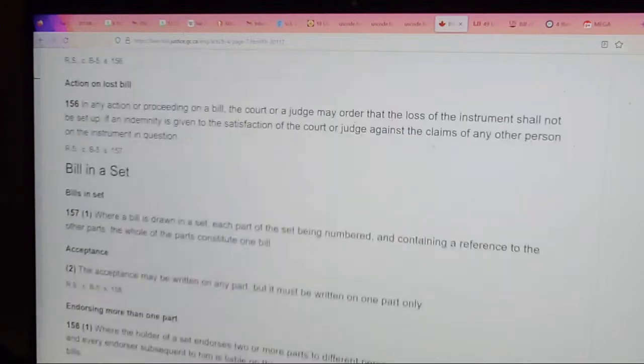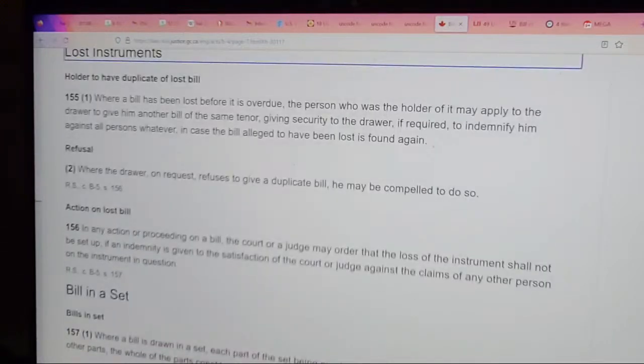Refusal. 2. Where the drawer, on request, refuses to give a duplicate bill, he may be compelled to do so.